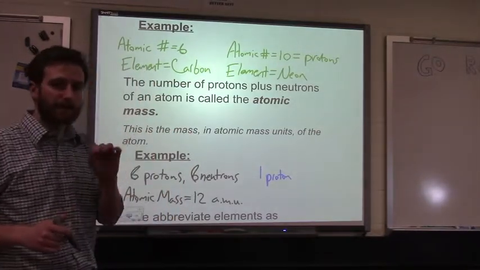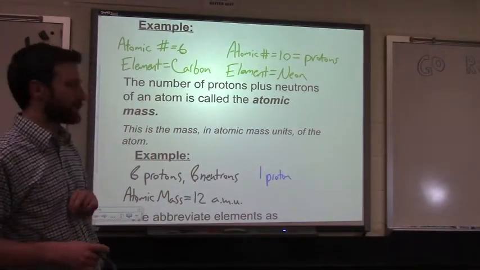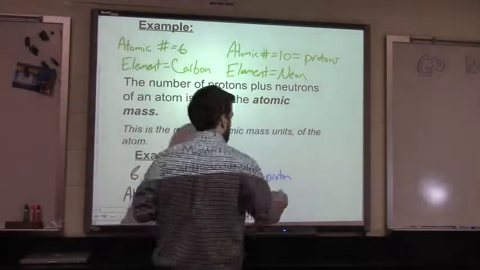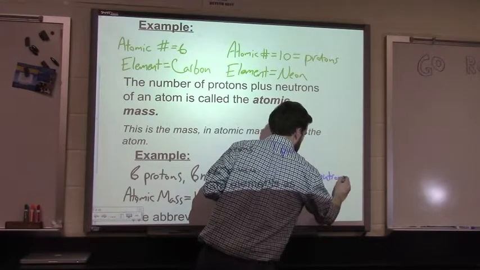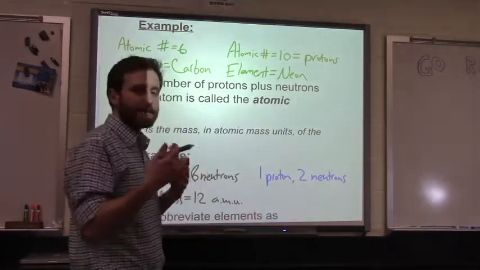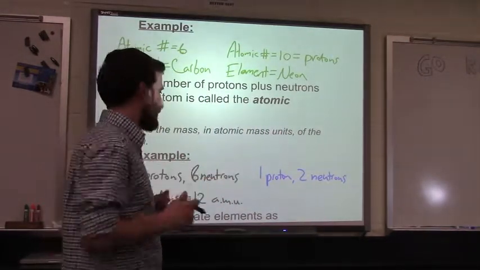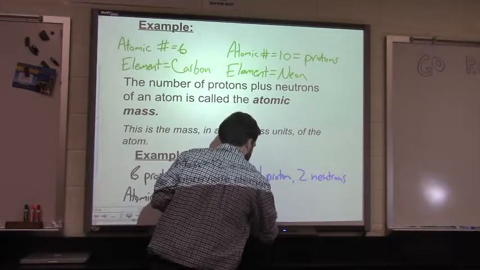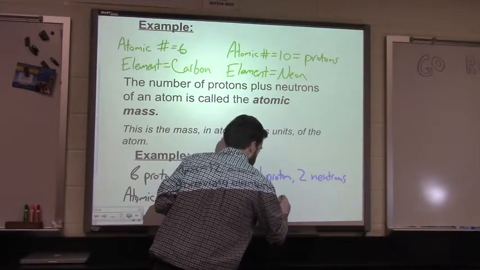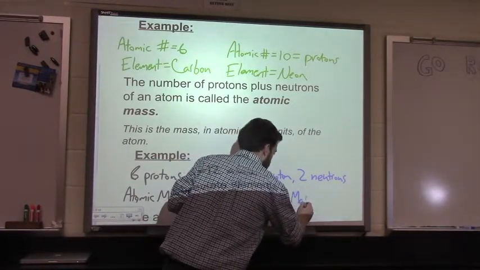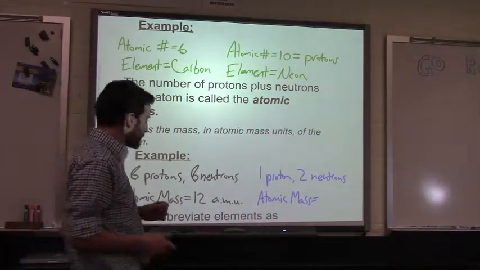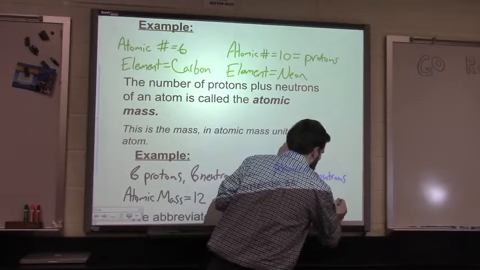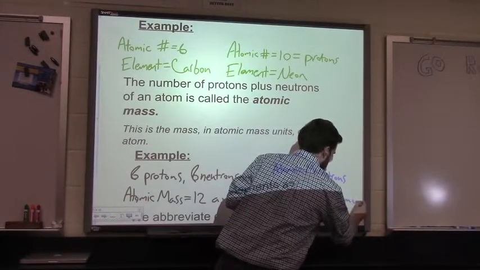But this hydrogen's special, because this hydrogen has 2 neutrons. And so the atomic mass of this particular hydrogen atom equals, no big surprises here, 1 plus 2 is 3 atomic mass units.